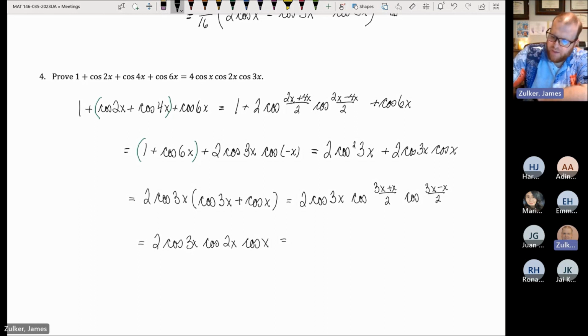All right, simplifying, this will become cosine of 2x. This will become cosine of x. Now just rewrite your terms.